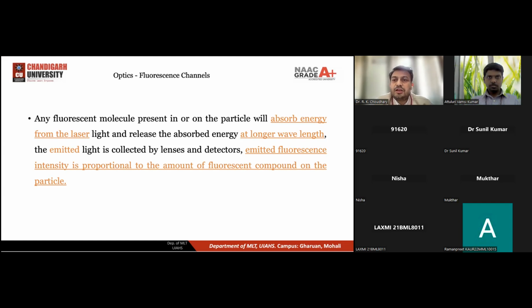Once the molecule is bound and the laser light passes through the stained cells or particles, they detect based on wavelength. Because of the color, you need the wavelength. Some flow cytometers take the wavelength automatically, or you have to fix the wavelength. We already have programs, or you can create a program based on your requirement, right? Is this point clear?